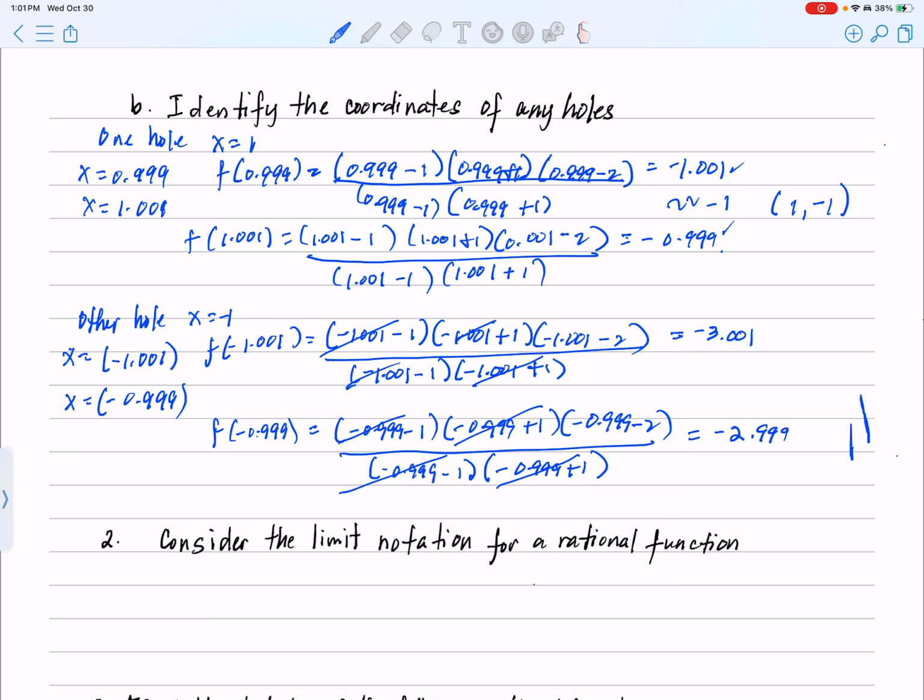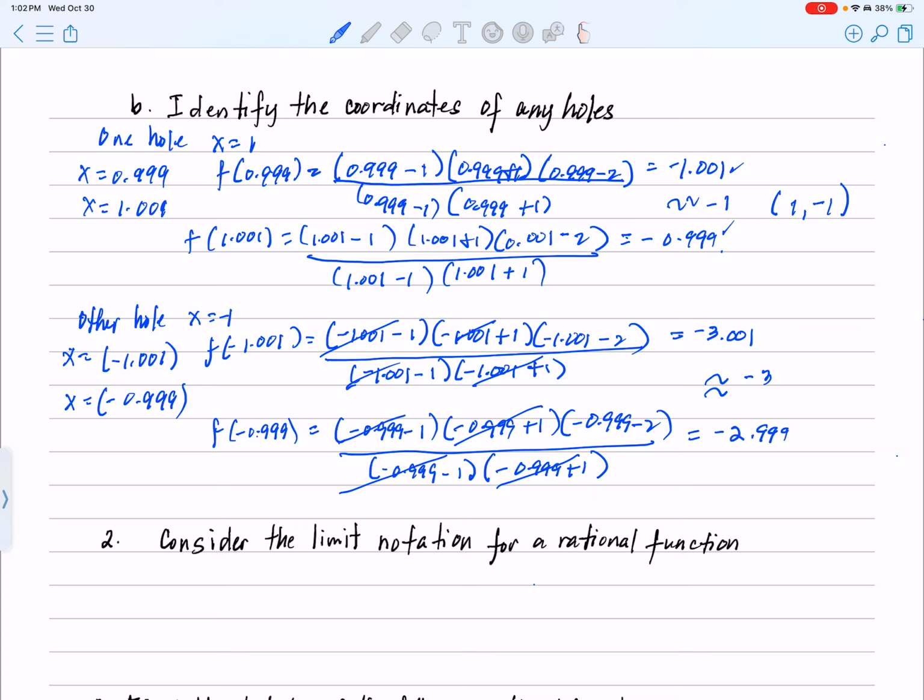All right. So these output values are getting extremely close to negative 3, right? Negative 2.99 very close to negative 3, and negative 3.001 is close to negative 3 as we approach the hole from its side.